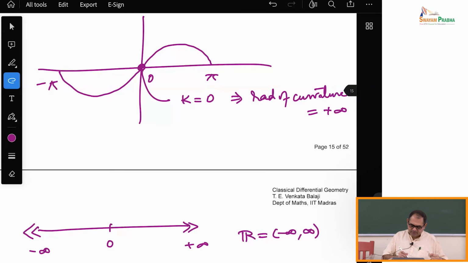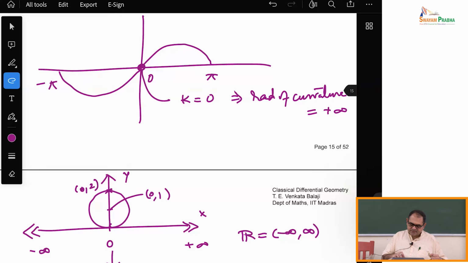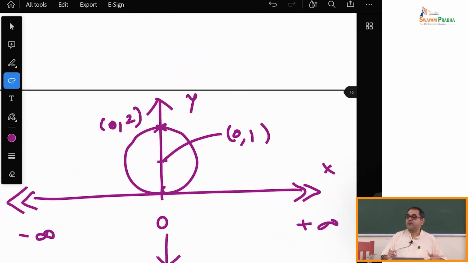You put this line as the x-axis, then take the y-axis, and draw a circle of radius 1, centered at 0, 1. This point is 0, 2. Now this point above is the point at infinity.